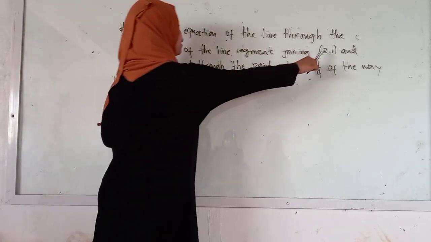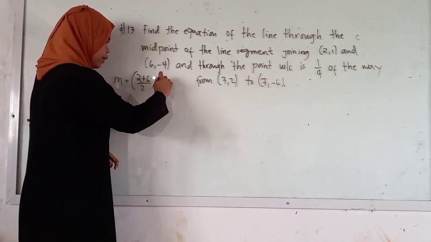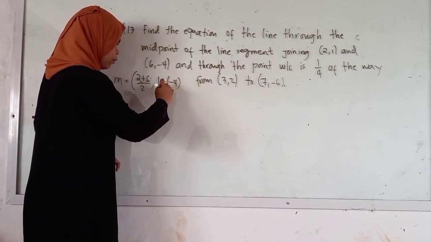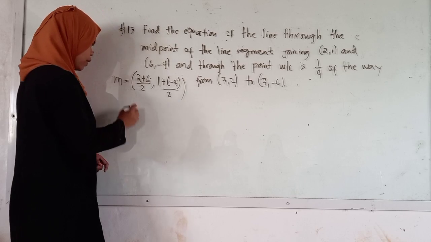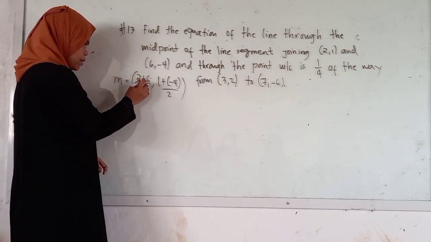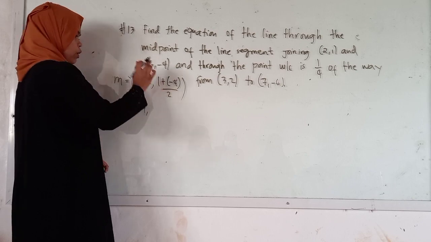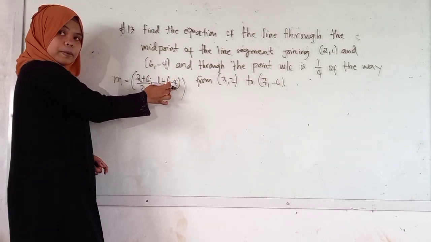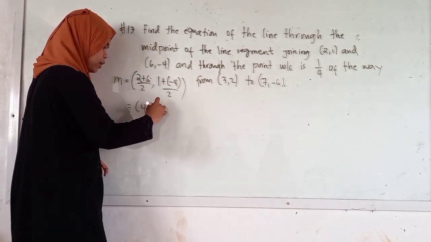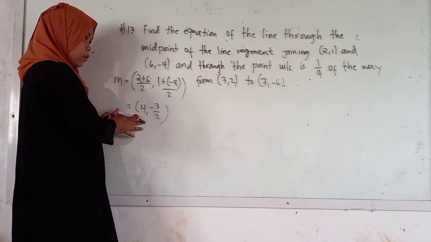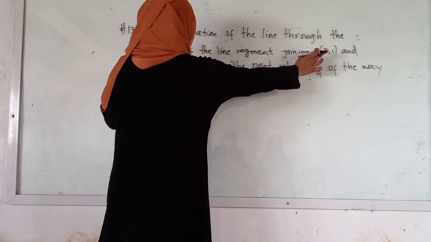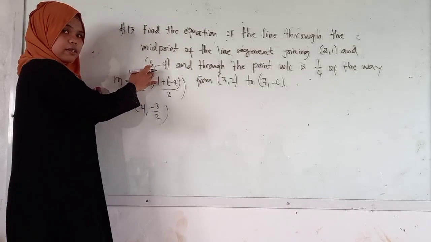And then 1 plus negative 4 over 2. So that is equal to 2 plus 6, that is 8, divided by 2, that is 4. 1 plus negative 4, that is negative 3 over 2. Nakuha ko na yung midpoint nito from 2, 1, papunta kay 6 and negative 4.